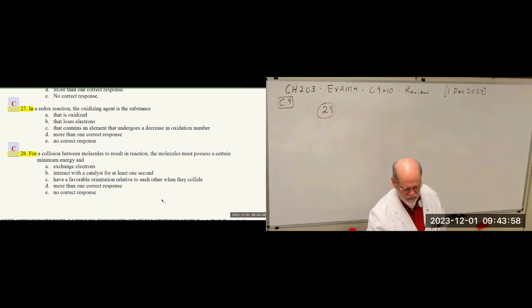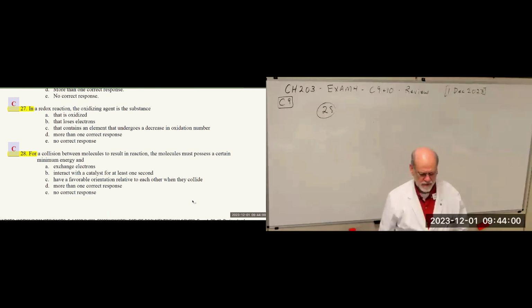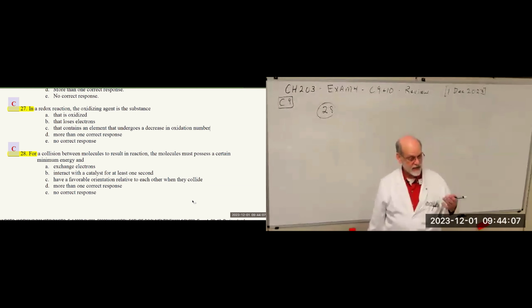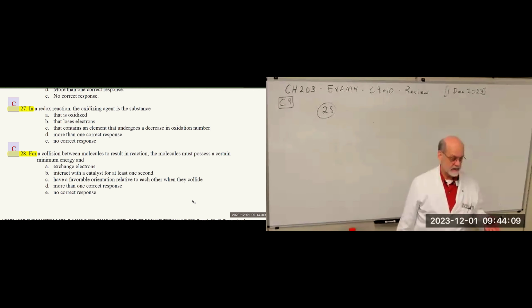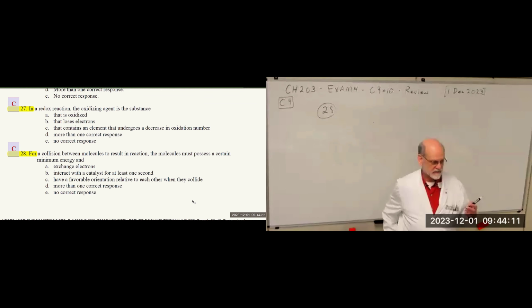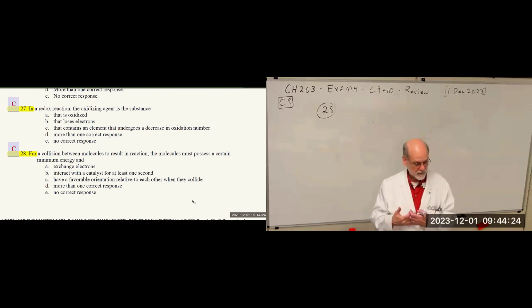For a collision between molecules to result in a reaction, molecules must possess a certain minimum energy and. So we talked about the minimum energy already. That's the activation energy. That's not everything you need. In this collision, they have to be oriented correctly so that the bonds that can be broken must be broken and then reformed in the process.